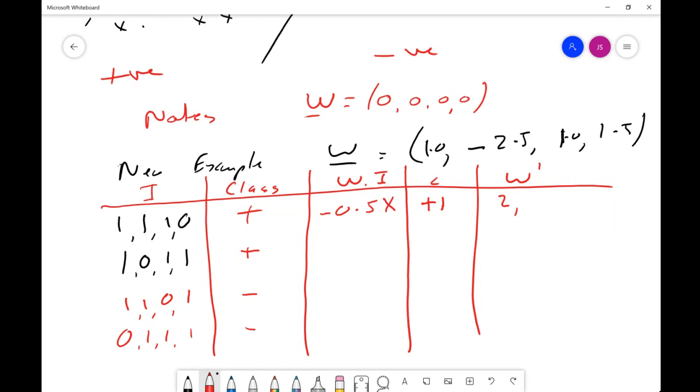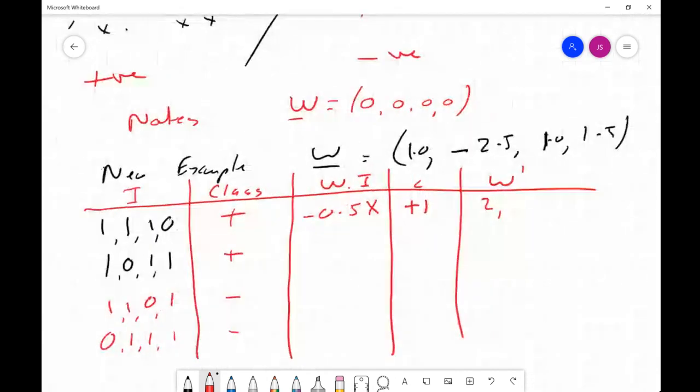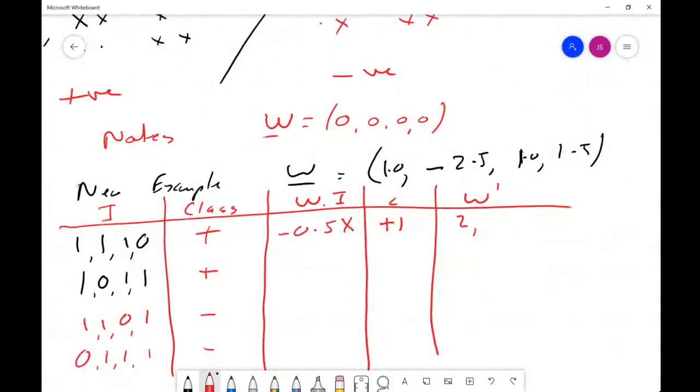Minus 2.5 plus 1 is going to be minus 1.5. 1 times 1 is going to be 2. And 0.5 plus 0 is 1.5. So there is my new updated 4-element vector.